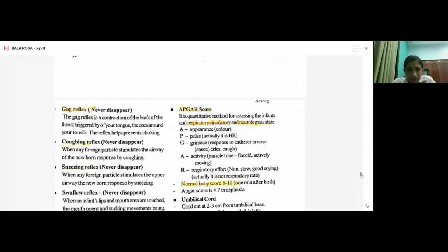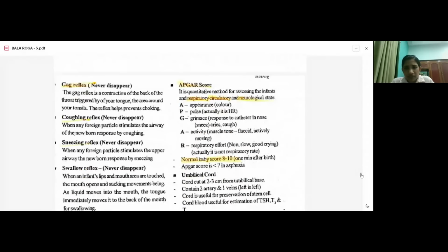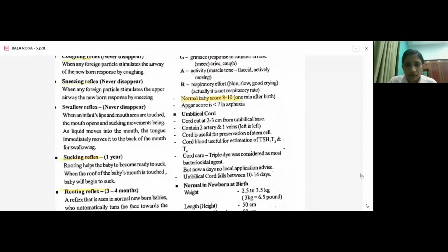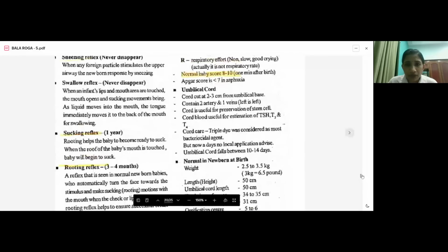And we have discussed the APGAR score. Coming to the umbilical cord, we have discussed the clamping of the umbilical cord, Nabi Nali Chedana. The cord is cut at 2 to 3 centimeters from the umbilical base. And the umbilical cord contains mainly 2 arteries and 1 vein.